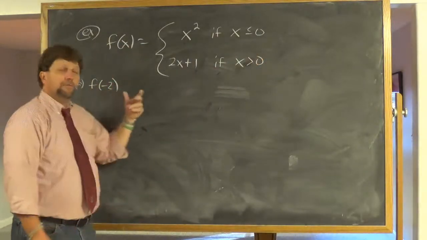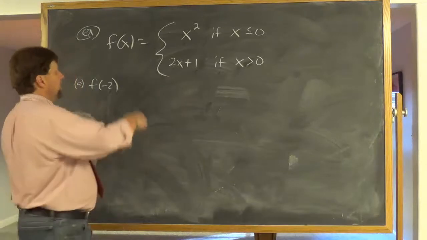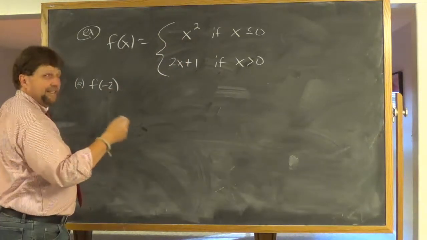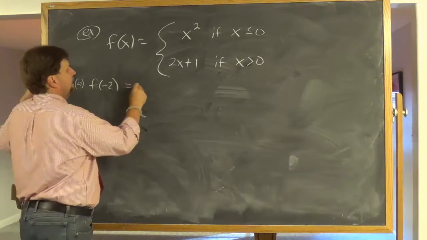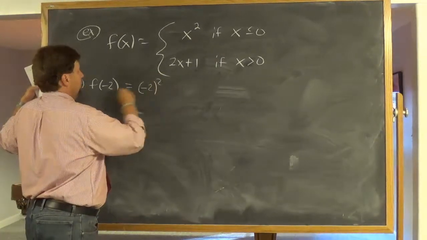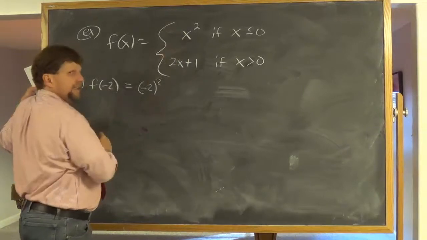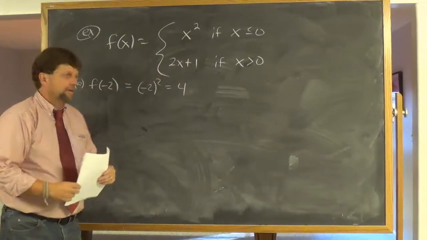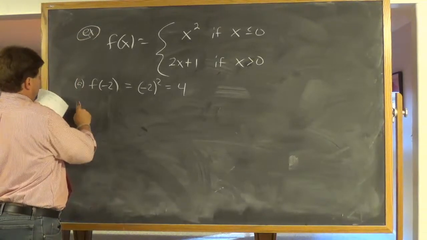Negative 2 is most definitely less than 0, so you use this piece of the function and take negative 2 and toss it in for x. F of negative 2 is 4.